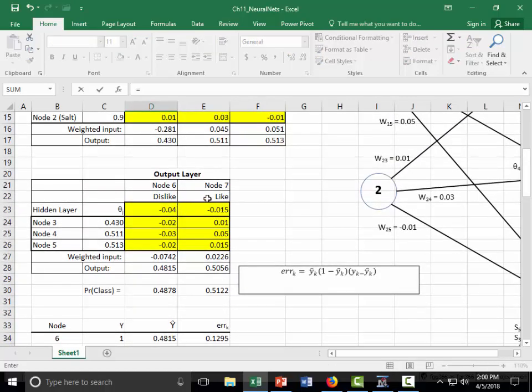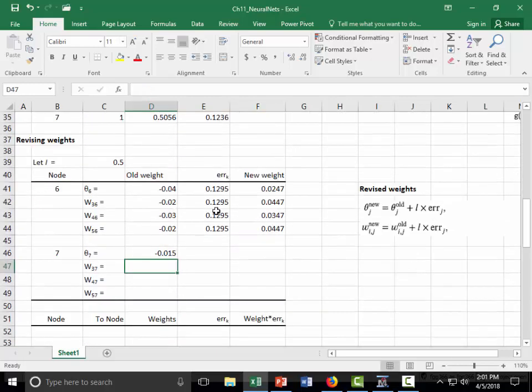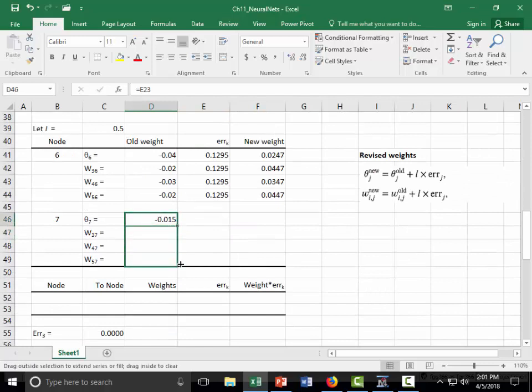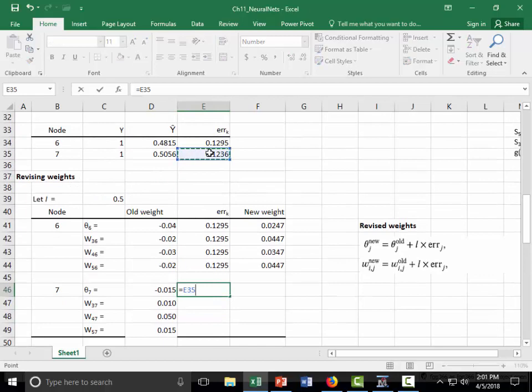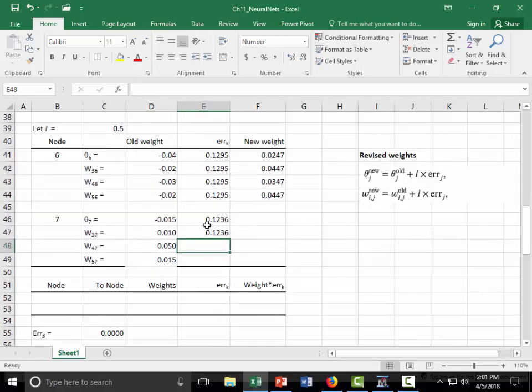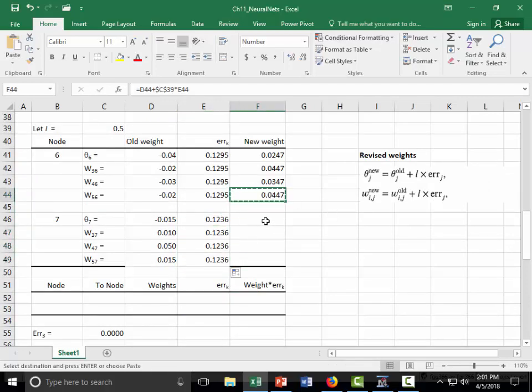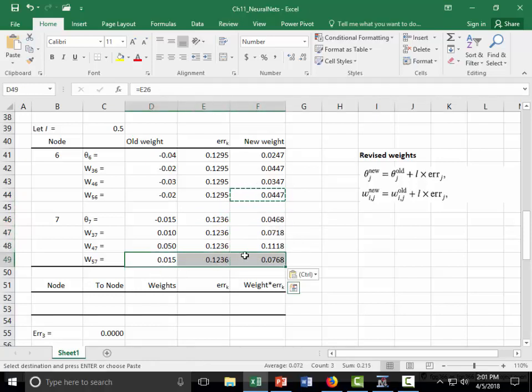For node 7, the old weights are here. Okay, and the error for node 7 is that. Okay, and then we can copy this formula down here, and that will give us the revised weights.